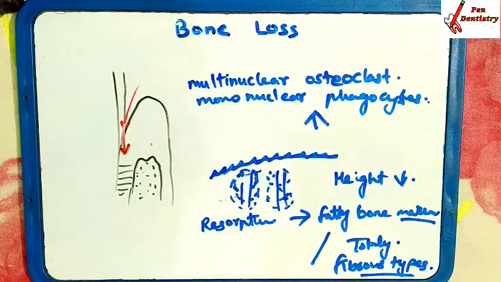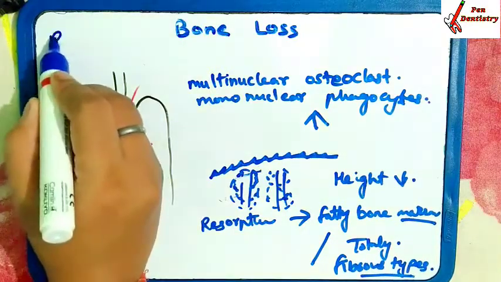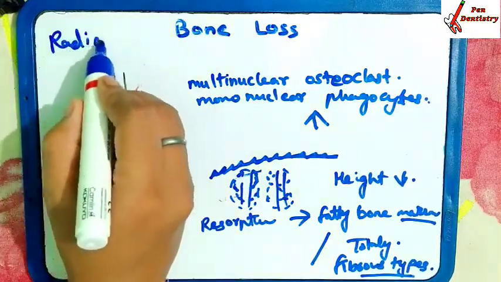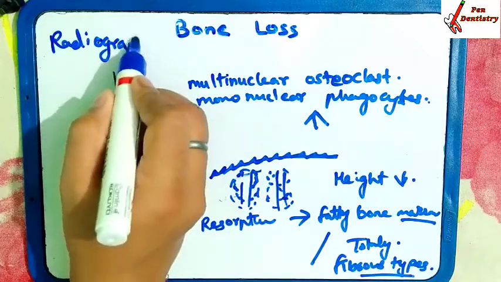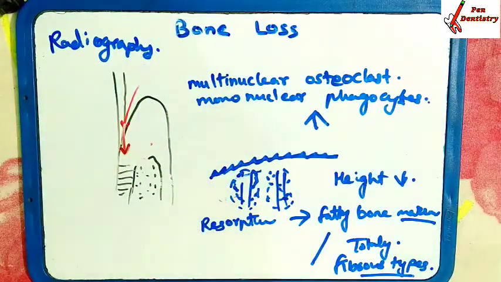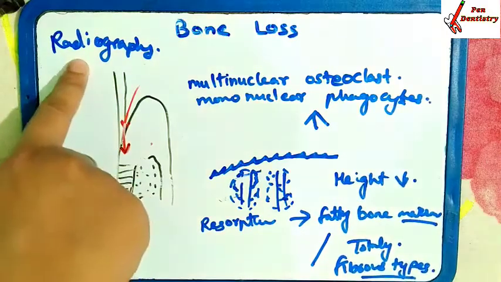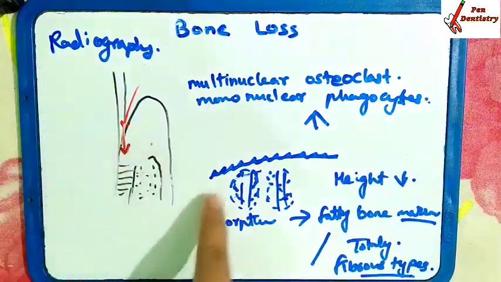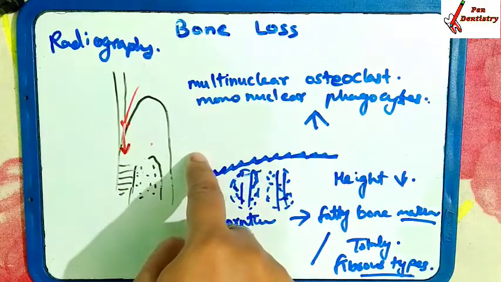How are you going to know the bone loss is present? With the help of a radiograph. You take the radiograph of this region, and you will see in that radiograph that bone loss has taken place.